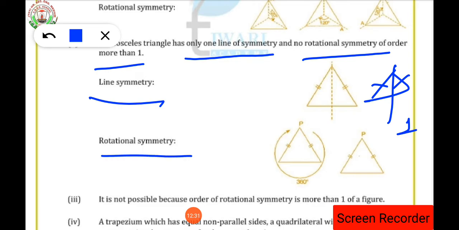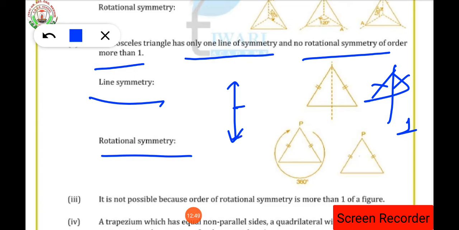And about rotational symmetry, if we have a straight line and are going to rotate it, have you seen the clock hand? One clock hand will be at 12 and another at 6.